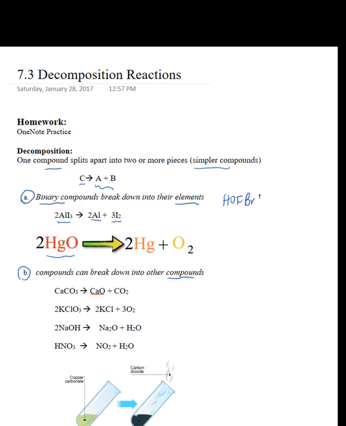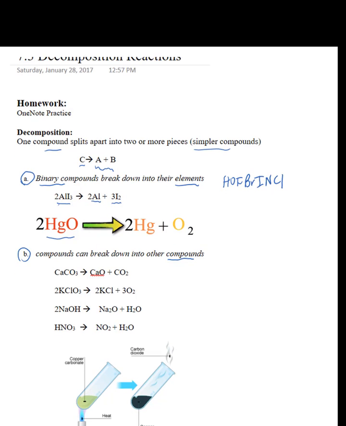So you need to consider the diatomic elements. So this is why the iodine is I2 in this case. In our mercury oxide example, we break apart into mercury and then oxygen. And what you're going to do is write the products and then balance the equation. And we'll do some practice shortly.